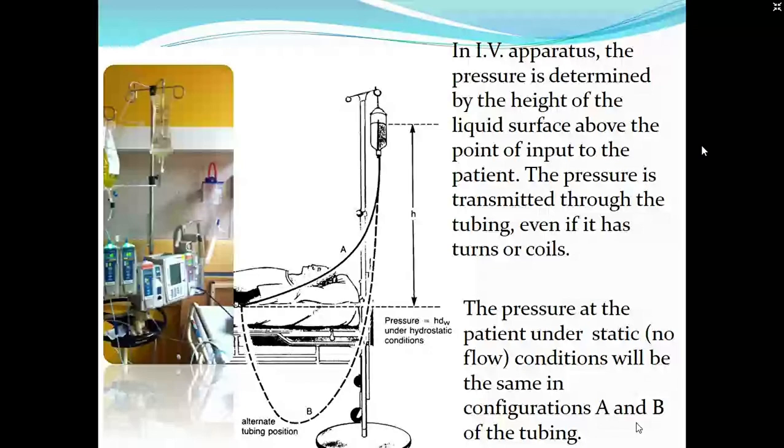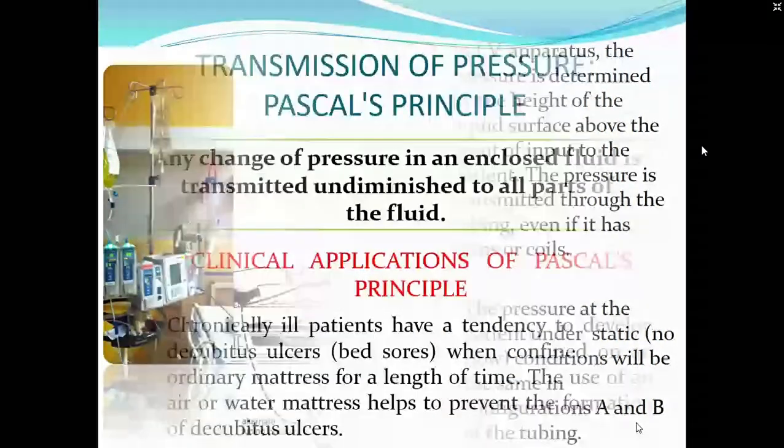Whether there is a coil turn or not, it is just this height that determines it, between that part of the bottle which is in contact with air and the point of infusion in the vein. So the IV apparatus is a demonstration of hydrostatic pressure application.